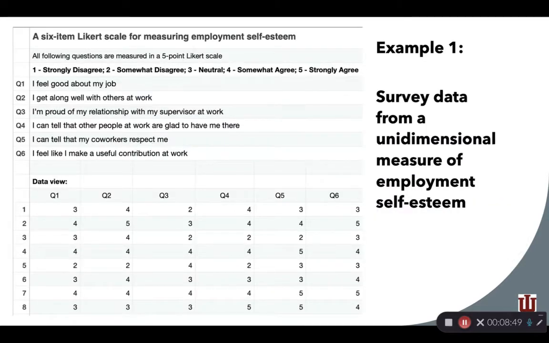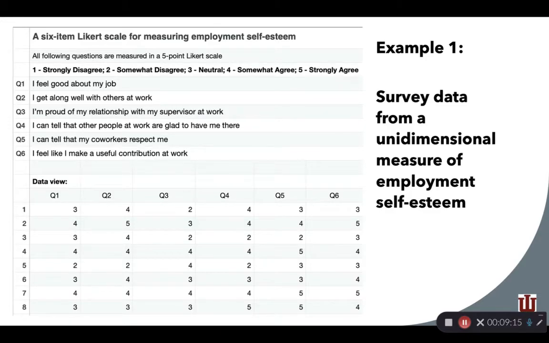So first example, this is a unidimensional measure of employment self-esteem. I'm just showing a few questions. This is not the entire survey, obviously, but for display purposes I'm only showing 6 questions, and the sample size is 8.